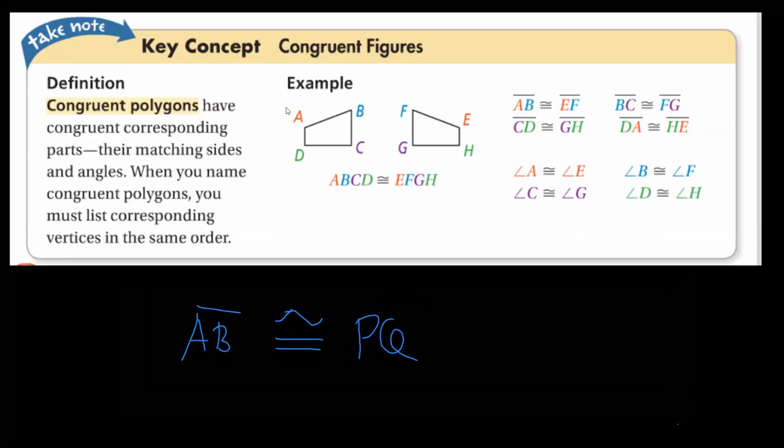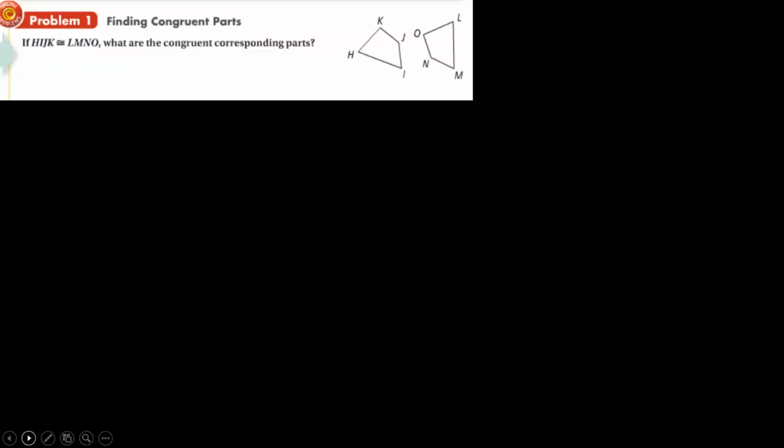Then let's find now this one here. For this one, I want to find the congruent parts.